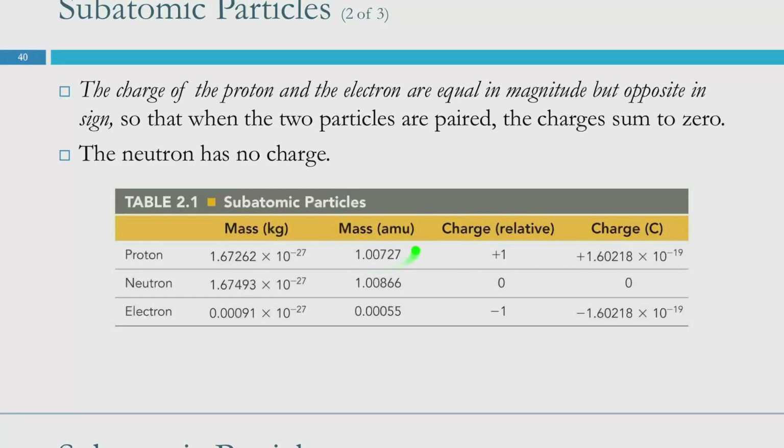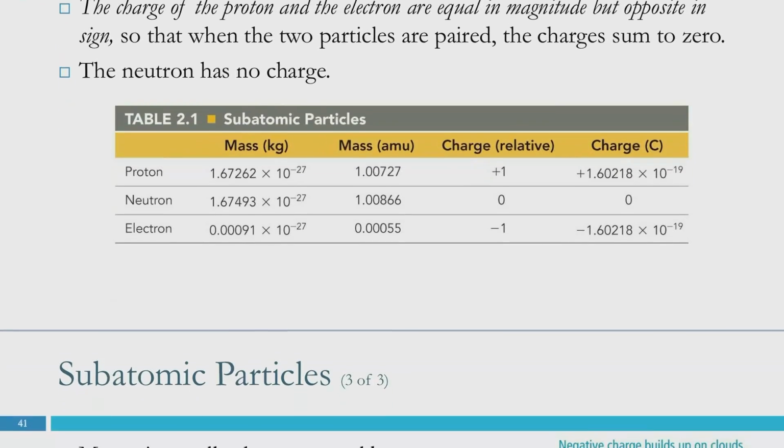We can see the proton's about 1, the neutron's also about 1, and the electron is very small, about a 2,000th. Relative charge: our proton has +1, our electron has -1, and if we quantified it as coulombs instead of relative charge, these are the number values that go with them. We'll usually just talk about them in terms of the relative charge, +1, -1. There might be a couple instances where the actual Coulomb charge comes into play.